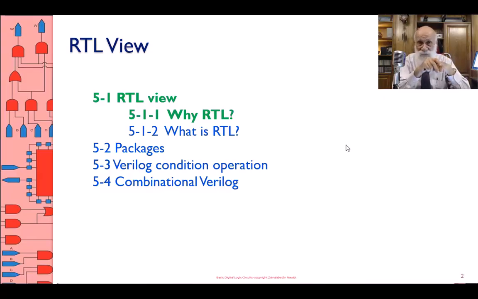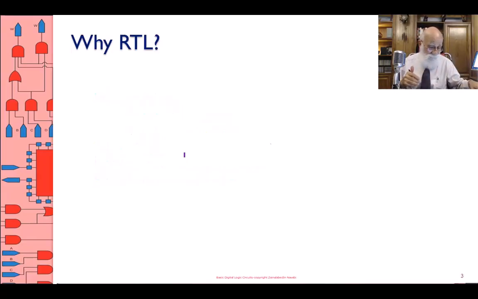The reason I'm doing this now is to be able to justify why we need to go up one level from gates to RTL. And then once we are able to see that, let's do some standard components in RTL. And also let's talk about the very long descriptions corresponding to these components. So let's get it started.